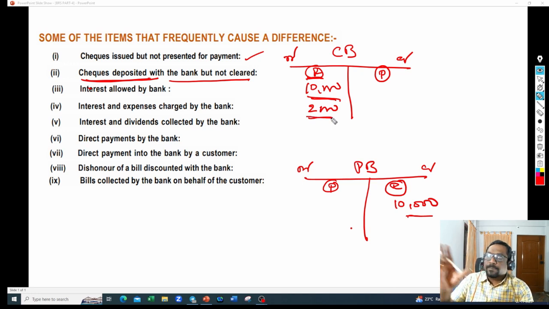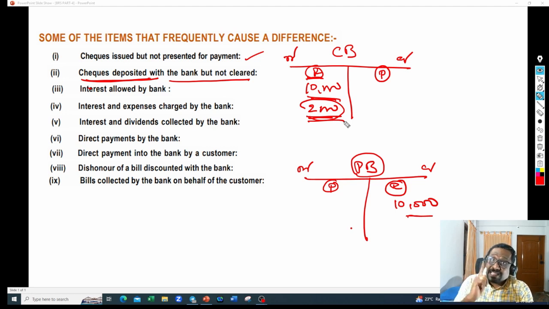As soon as I go to the bank, deposit 2,000 in checks, and come back, I record in my cash book that I deposited 2,000. But the banker took 3 days or 1 week to collect this amount. When will the banker record that? The banker will record that 2,000 only when he collects that amount.